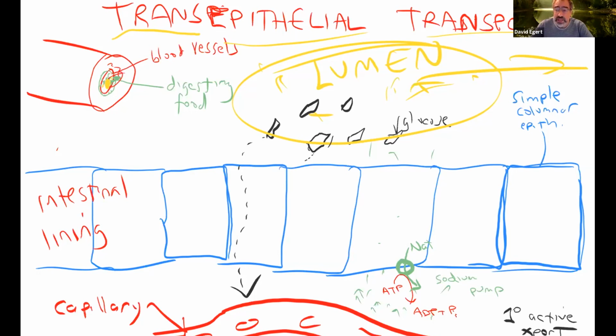So that is creating a gradient. It's creating a sodium gradient. There's less sodium inside than outside. So now sodium, if it has a chance, wants to come in. So what I'm going to do is have a symport now that couples the movement of glucose with sodium.